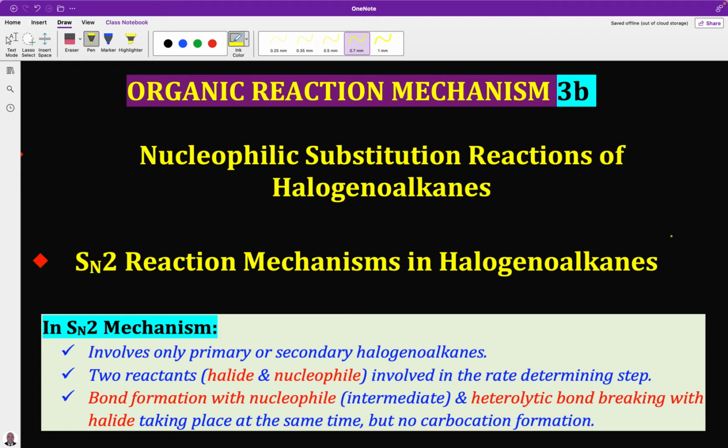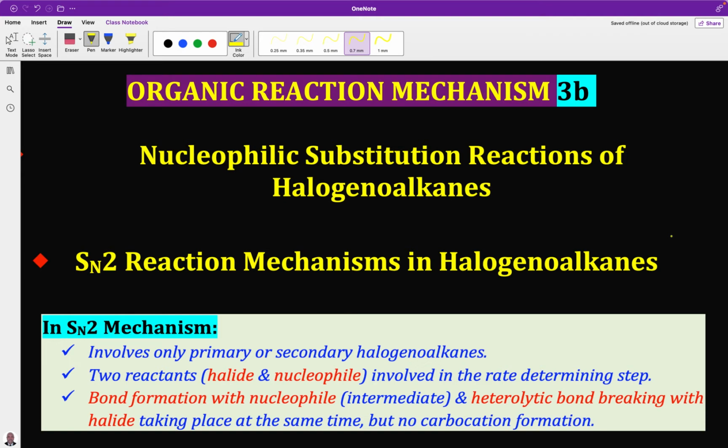There is bond formation between the nucleophile and the halogenoalkane to form an intermediate. At the same time, there is a heterolytic bond breaking with the halide. All these are taking place at the same time.